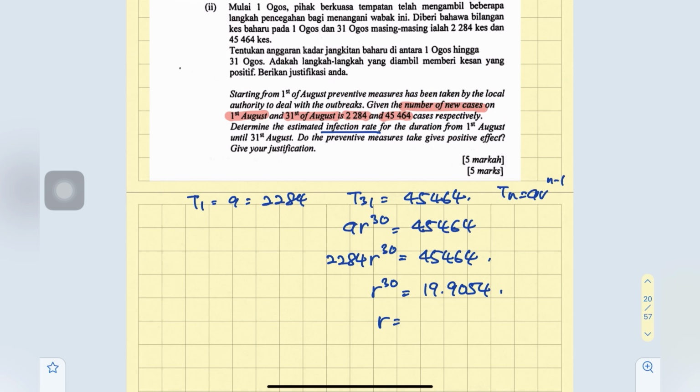So we get R equals 1.105. Finally we get R is 1.105. Previously our R was from question one, R is 1.15. So 1.105 is less than 1.15, which means it is a positive effect. So the answer is yes.